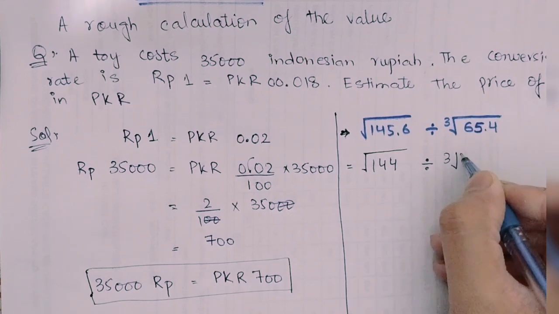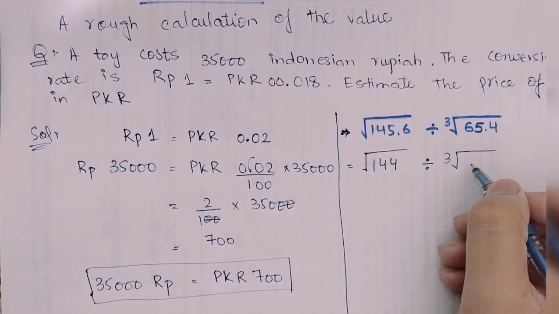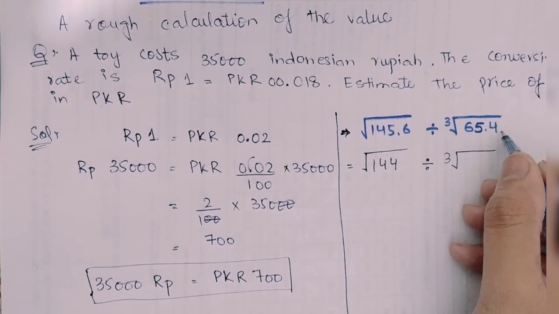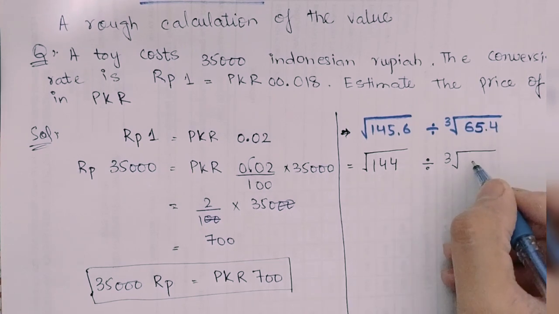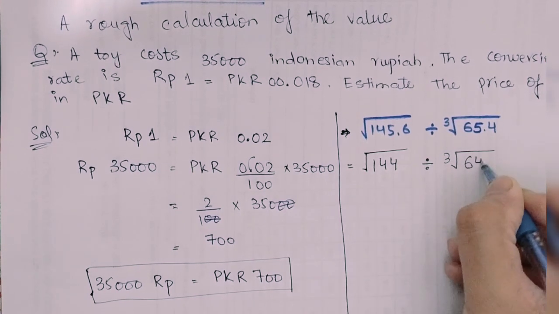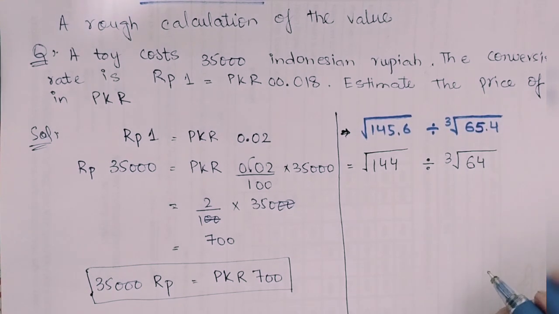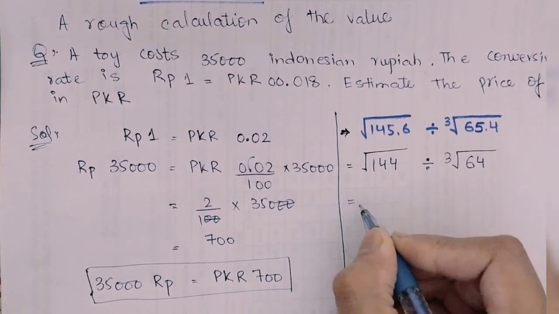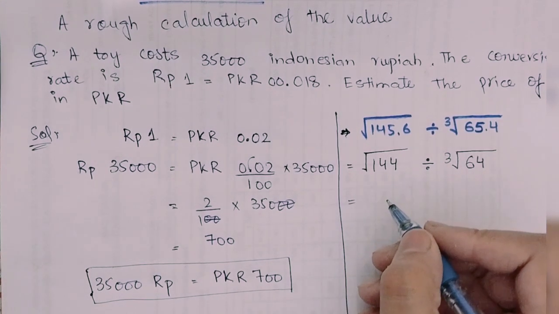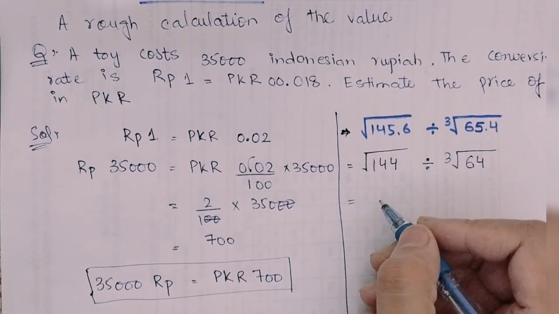So I would like to estimate the value 65.4 up to that value which becomes a perfect cube. For example, 64, I know it's the cube of 4, so I write 64, because you have to just estimate the value. So use the easy way, use the simple way where you can easily find the solution.